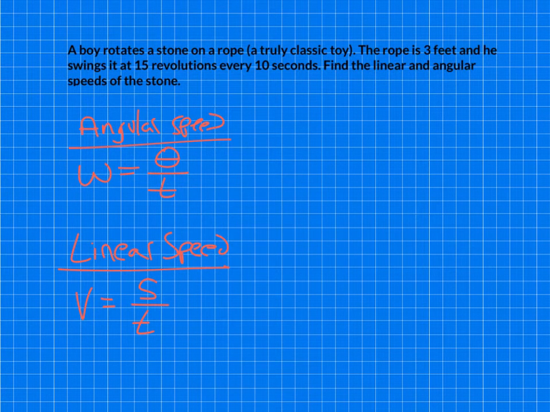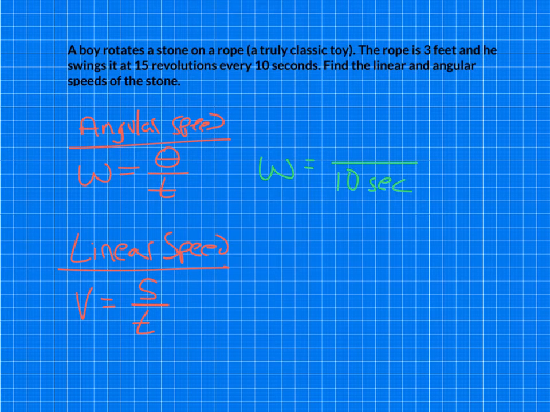If I want to find the angular speed, I'm going to need to know how much angle is covered in the amount of time. Well, I know the amount of time is 10 seconds.